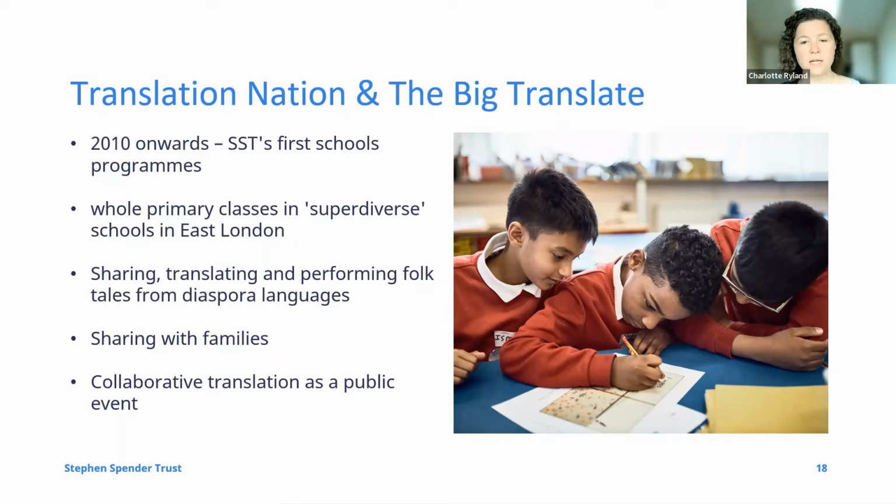Families were invited in at certain points to join in, and at the end there was a public performance of their collaborative translations. The Big Translate is a similar project that ran after Translation Nation, with a very similar structure, but instead of folk tales, they were translating picture books from different cultures and then performing their translations at the end.